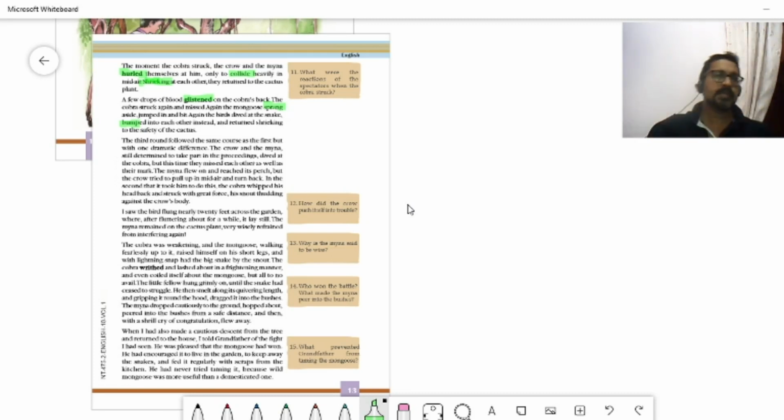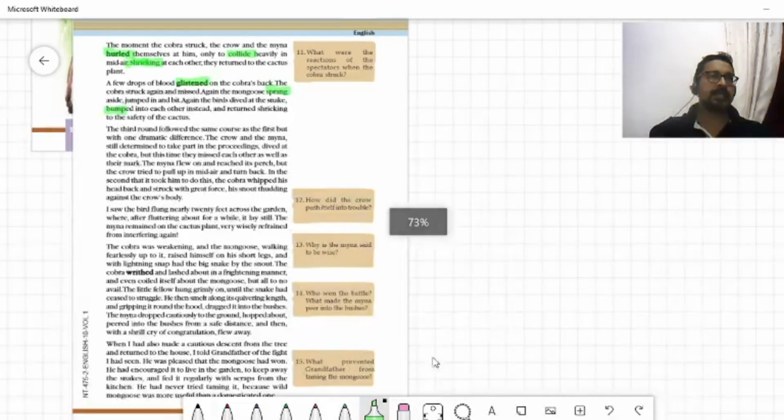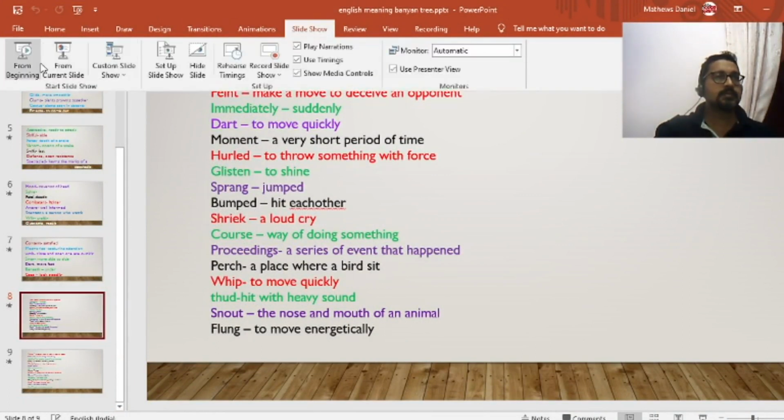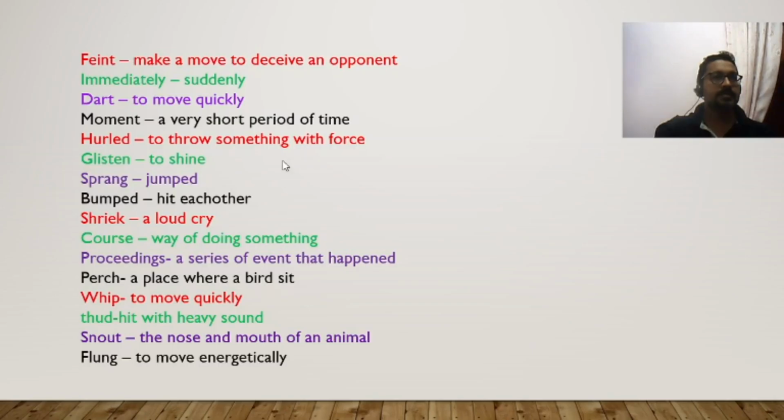Okay. Now let's come to the meaning again. Let us come to a slide. Moment, a very short period of time. Hurl, to throw something with force. Glisten, to shine. Sprang, jumped.